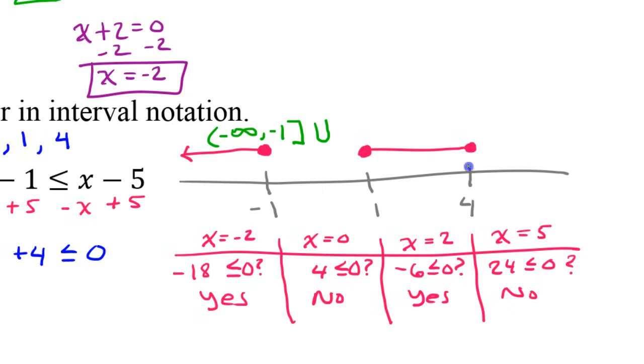And now here I'm going to do 1 to 4. Again, closed circles, we use brackets to show that we're including 1 and 4. Okay, so there's your answer in green. This is the minimum amount of work that we want to see.